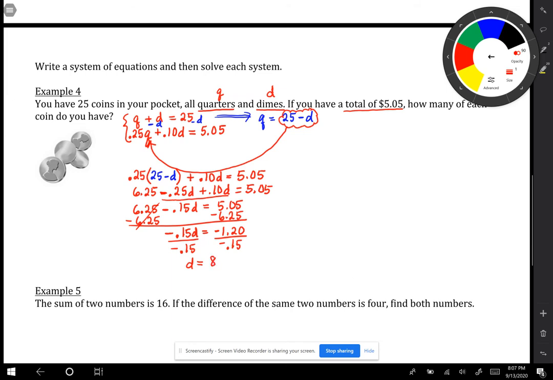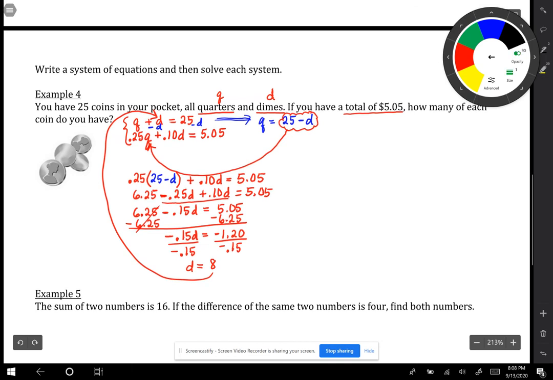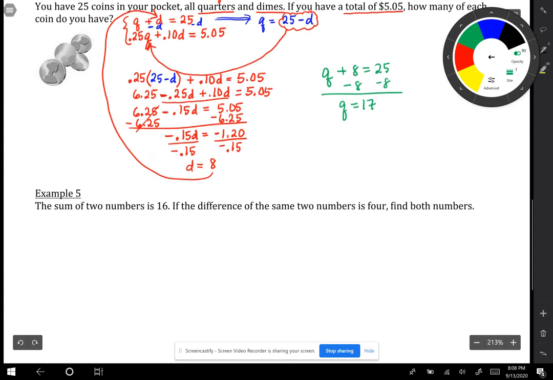Now that you know you have 8 dimes, you can replace that back here. Okay. So we have, let's see, Q plus 8 equals 25. Subtract 8. Q equals 17. So again, we don't write our answers as an ordered pair.